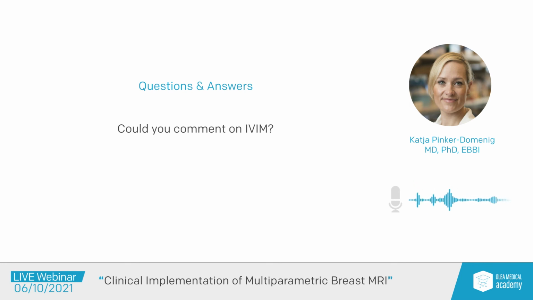Then IVIM is sort of an overkill, since you don't have the time and have to make it cost effective. If you can, it will add information, but you also need a dedicated evaluation of that. I think it's highly interesting, and for therapy, response assessment, treatment prediction and prognosis, we will be moving into this more advanced modeling realm anyway, sooner or later, be it with IVIM or other models.